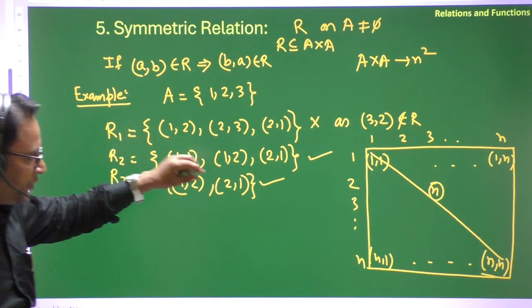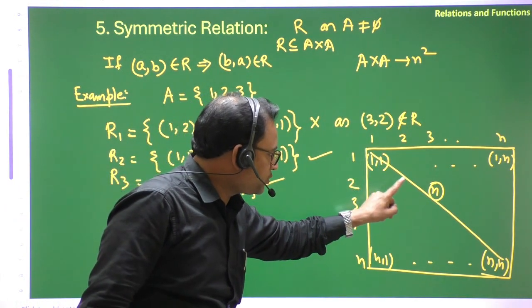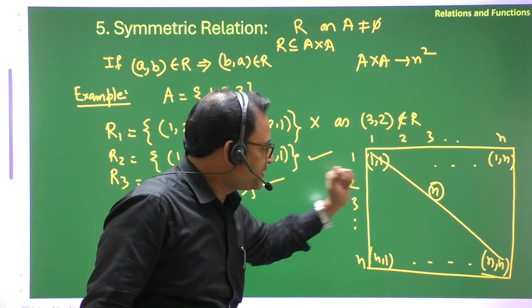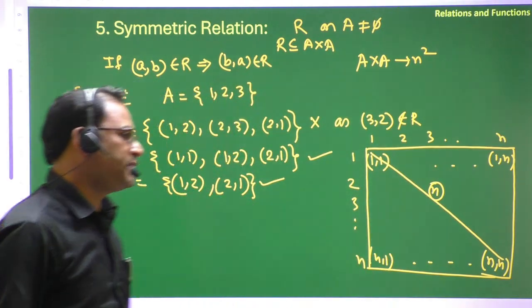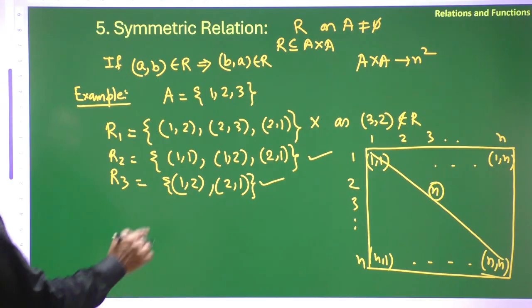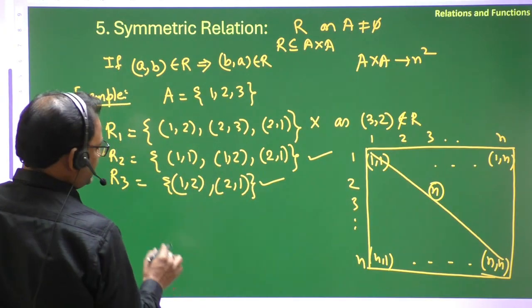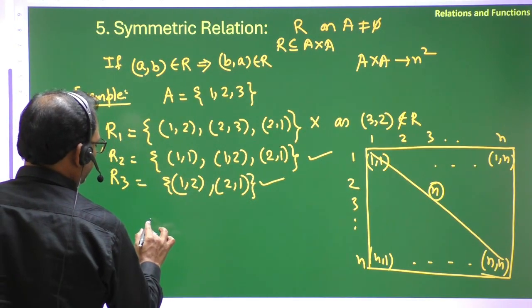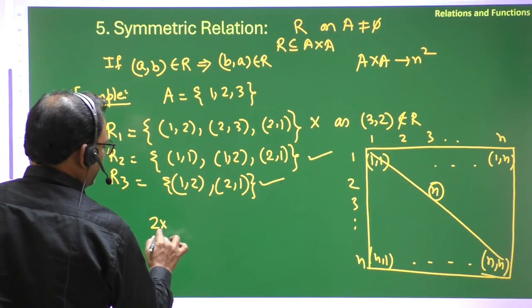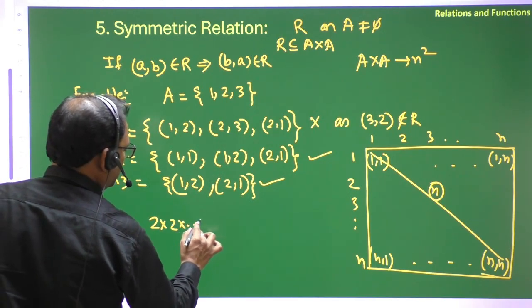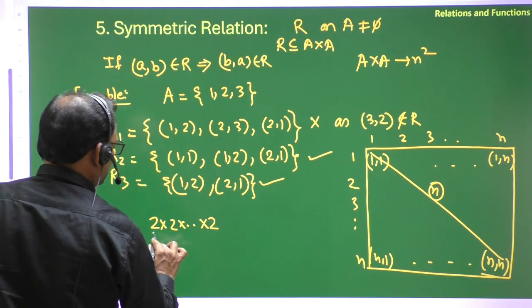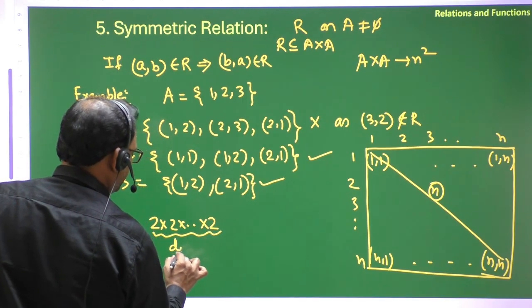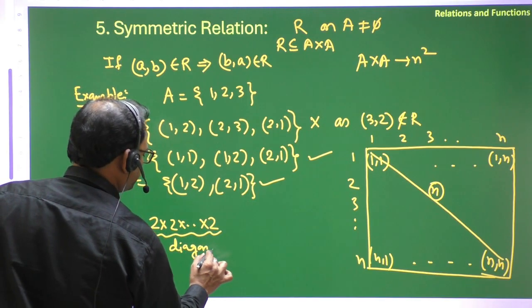So for every (1, 1), (2, 2), (3, 3), either you select or you reject, still your relation will be symmetric. So for every element I have two choices, and there are a total of n elements in the diagonal. So this is for the diagonal elements, I have the choices.